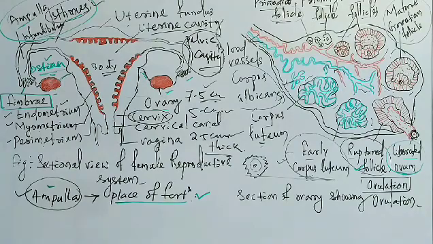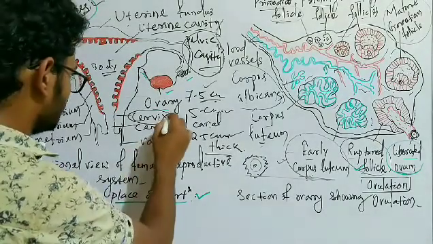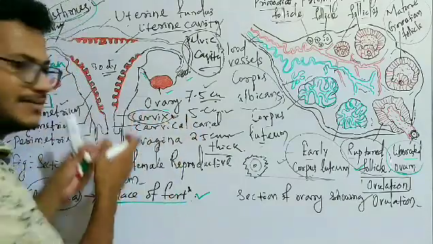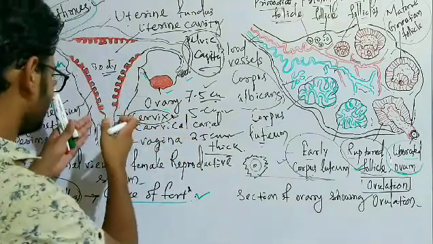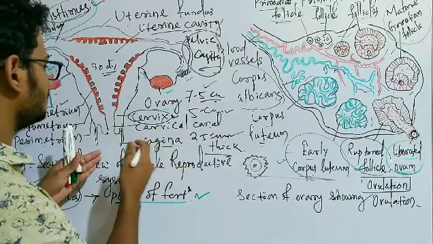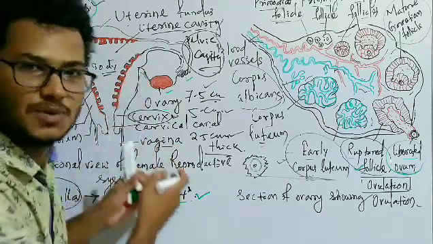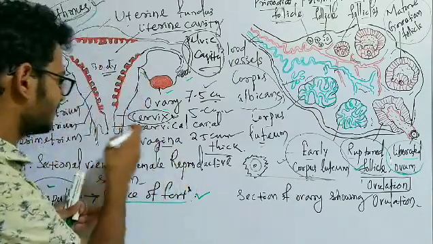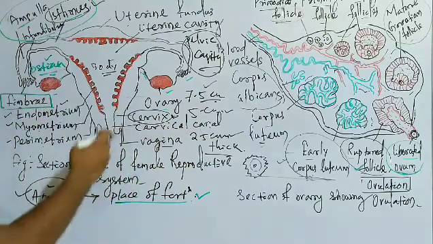The cervix is the lower constricted part, also known as the neck, because it is narrower and connected with the vaginal opening. The menstrual flow comes out through the cervical canal and the vaginal opening.